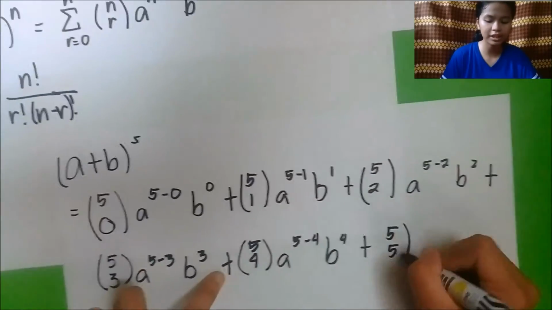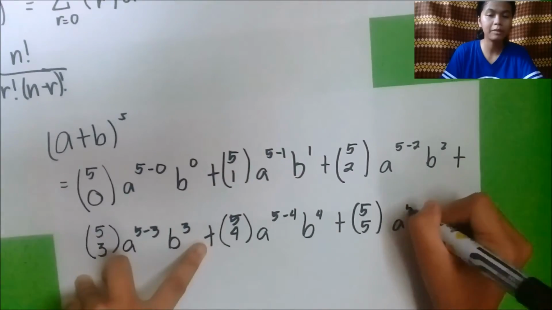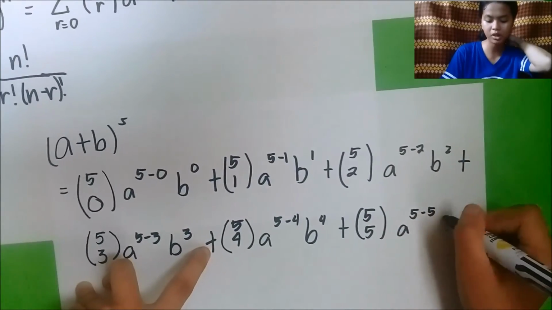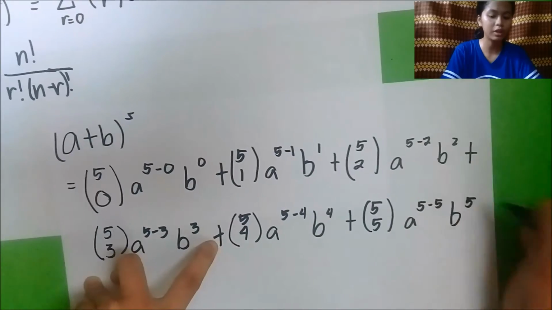Plus, this one is the last, 5 taken 5 times a to the fifth power minus 5 times b to the fifth power.